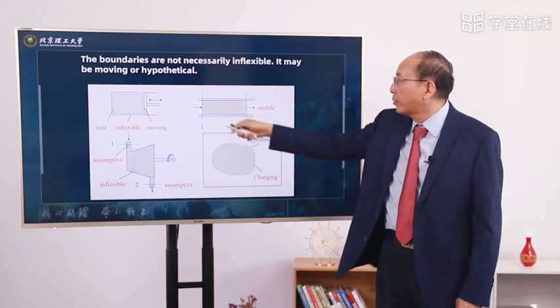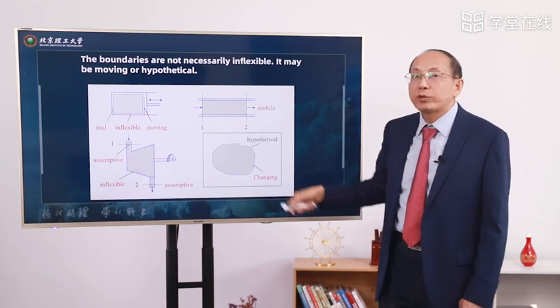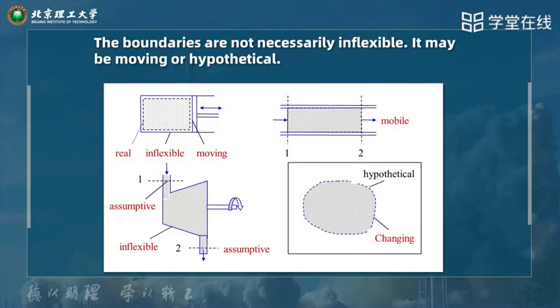So boundary 1 and boundary 2 are just mobile, maybe hypothetical. When there is a turbo motion in the input and output, maybe we have a subjective boundary. In this picture, when we research some air in a space, the boundary may be hypothetical. Also, it may change.